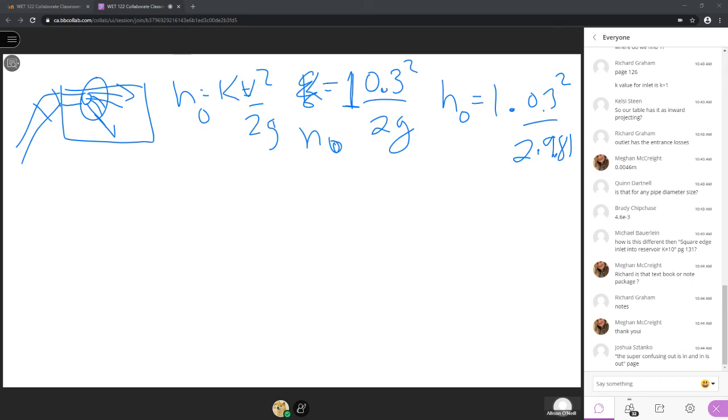I know it's super confusing. I didn't invent this. You're just going to have to wrap your head around it some way or another. Which is why I highlighted it last class when we were talking about this. It is confusing, the wording.